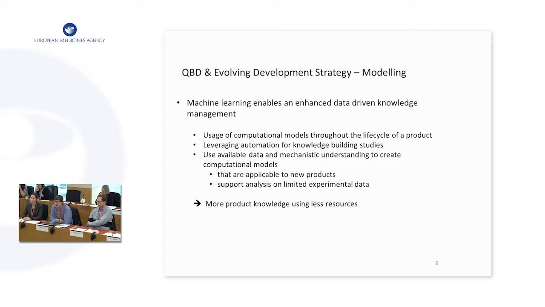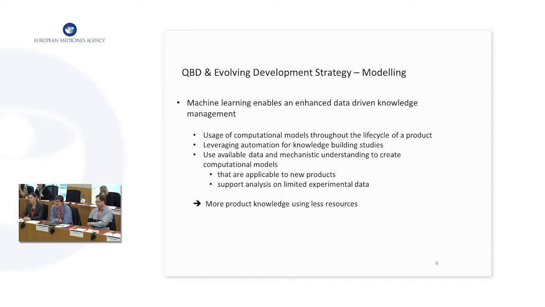We will leverage automation for knowledge building studies, and when I talk about automation, I think it's both: robotics, so experimental automation, but it can also be the automation of the data evaluation, which will probably progress pretty fast.